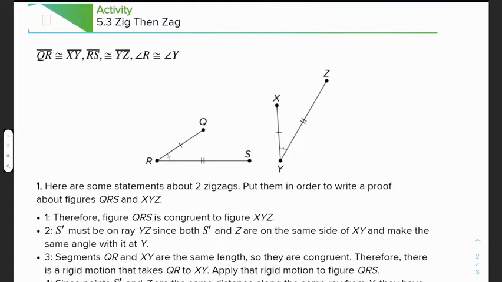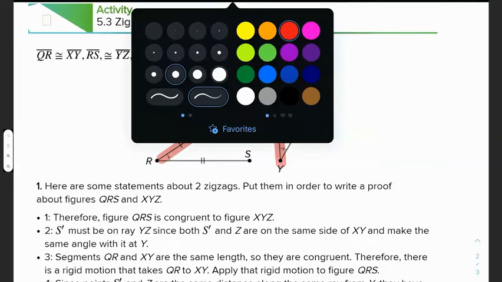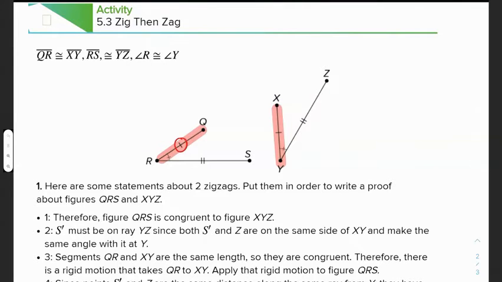We've got QR to XY. And that's what that one little tally means. That little tally right there, that's what it already means. So they give it to you. I know I'm highlighting it, but the tallies are still trying to say the same thing for you.